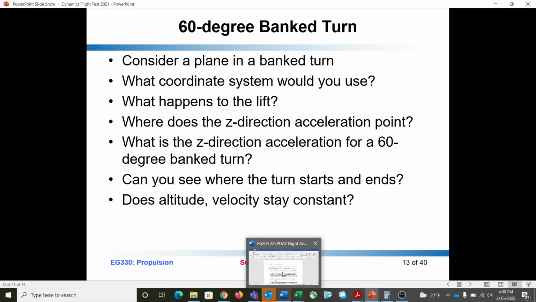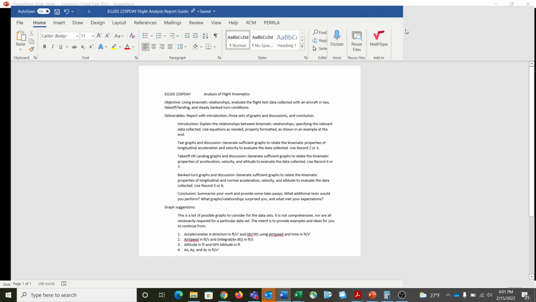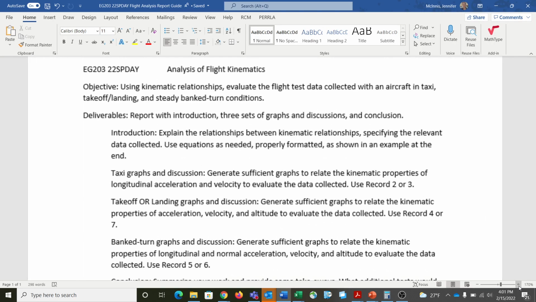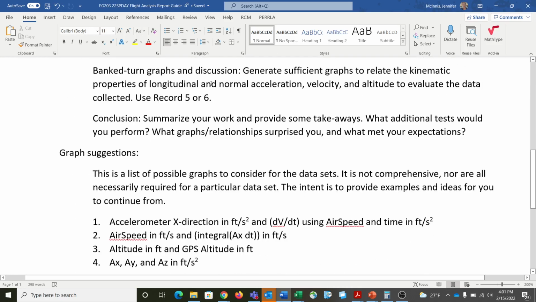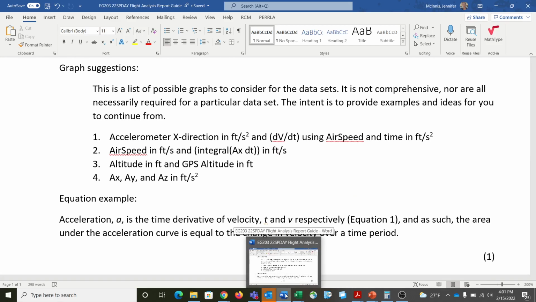And so what you're going to see as you think about these questions is that we can look at graphical representations of the data and evaluate flight test data knowing our kinematic relationships from dynamics. You'll see this guideline, and you should read through this and ask questions.